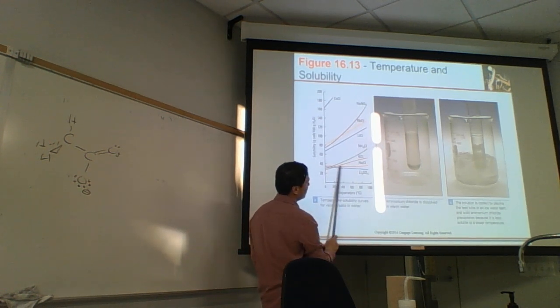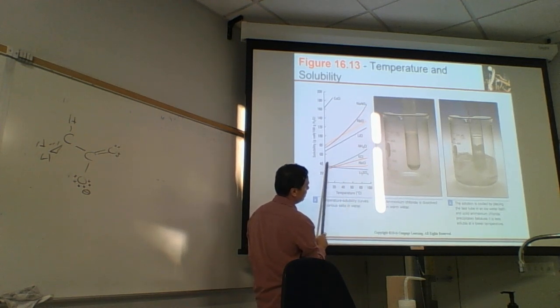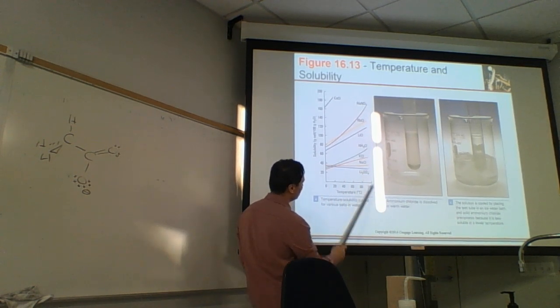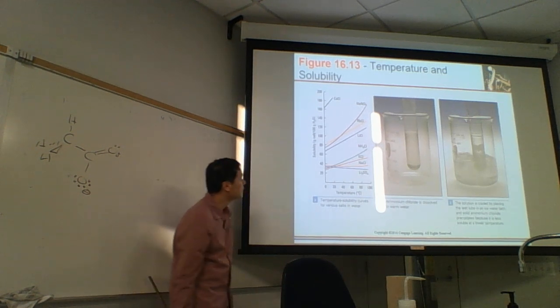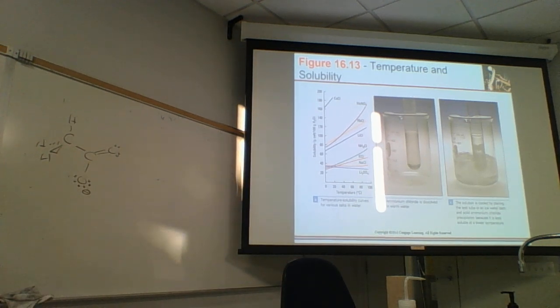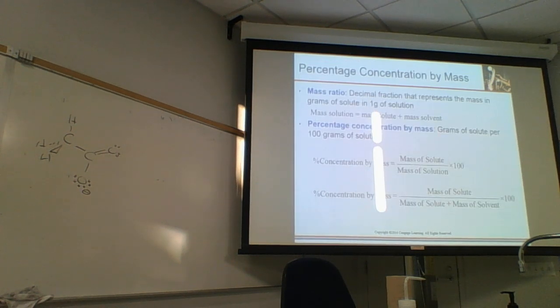Other things aren't so dramatic, like sodium chloride, very little change. And lithium sulfate actually decreases in solubility at higher temperatures. So you just want to know the trends. For solids, the solubility generally increases with increasing temperature.